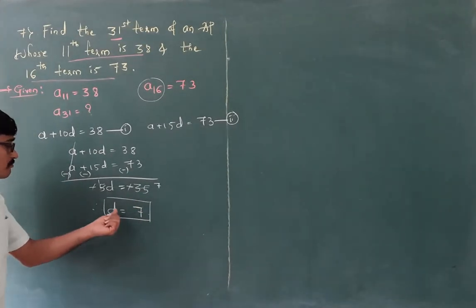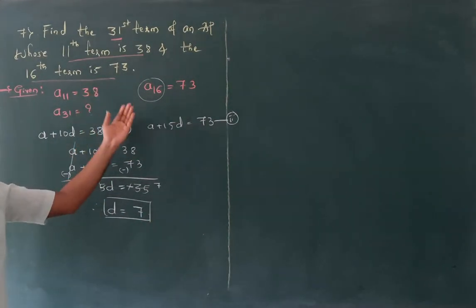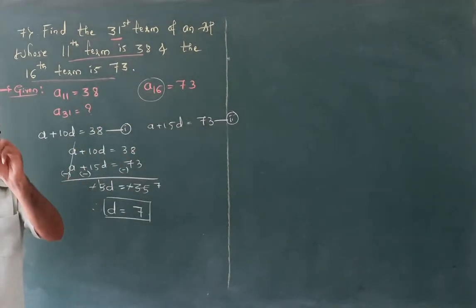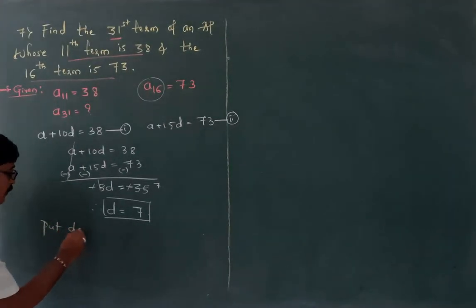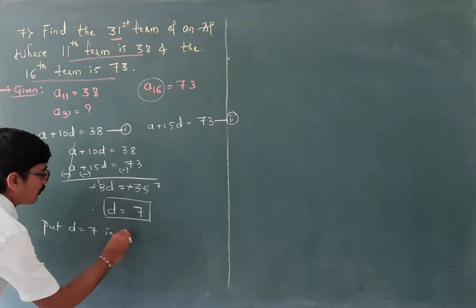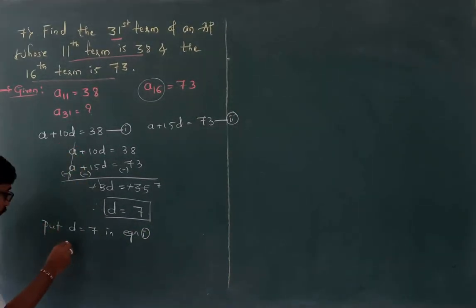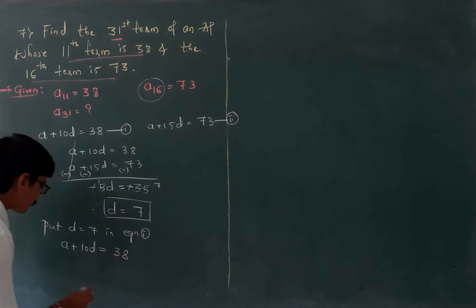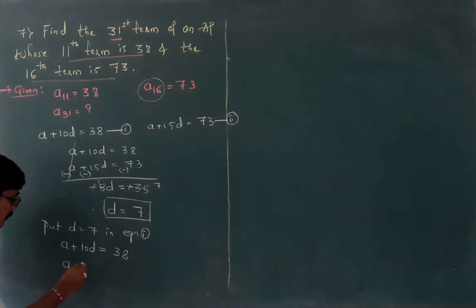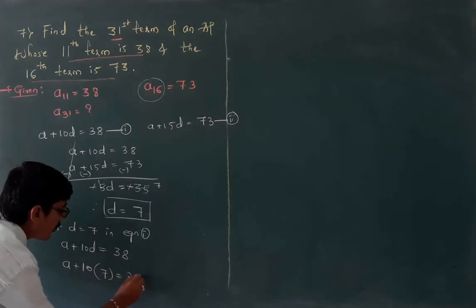By substituting the value of d in equation 1 or equation 2, you will get the value of a. Put d is equal to 7 in equation number 1. Equation 1 is a plus 10d is equal to 38, so a plus 10 times 7 is equal to 38.